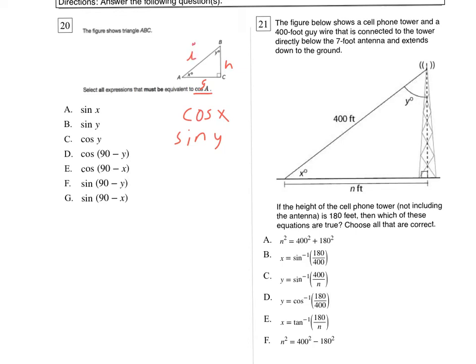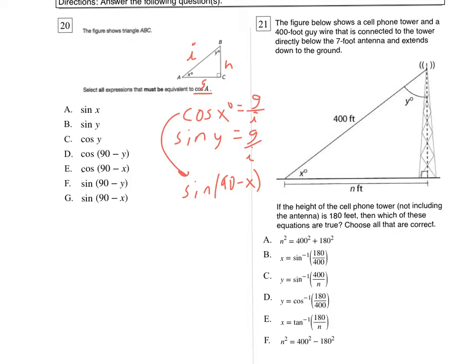Then cosine of x degrees would be G over I, according to how I drew this. And sine of y would equal that same G over I again. Furthermore, to switch this cosine into a sine, we can always do 90 minus whatever angle that was. So I think that's going to be all of my answers here.